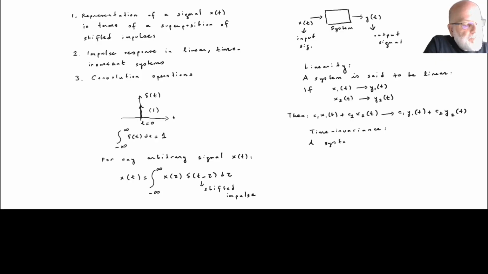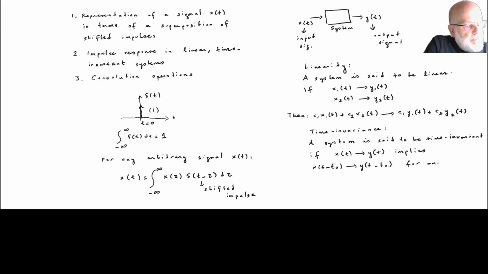A system is said to be time invariant if the input-output pair x of t gives us y of t implies that x of t minus t0 yields the output y of t minus t0 for any t0.